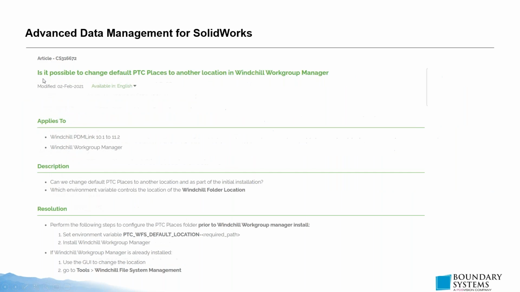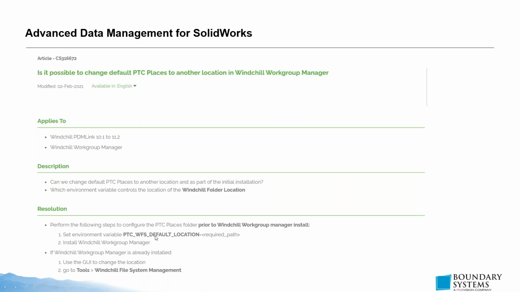There's also, when you download files, what they call the file system management. So where are those files downloaded locally? That's what they're referring to here, if you do want to set that up before you go in and install the Workgroup Manager, you can do that here.